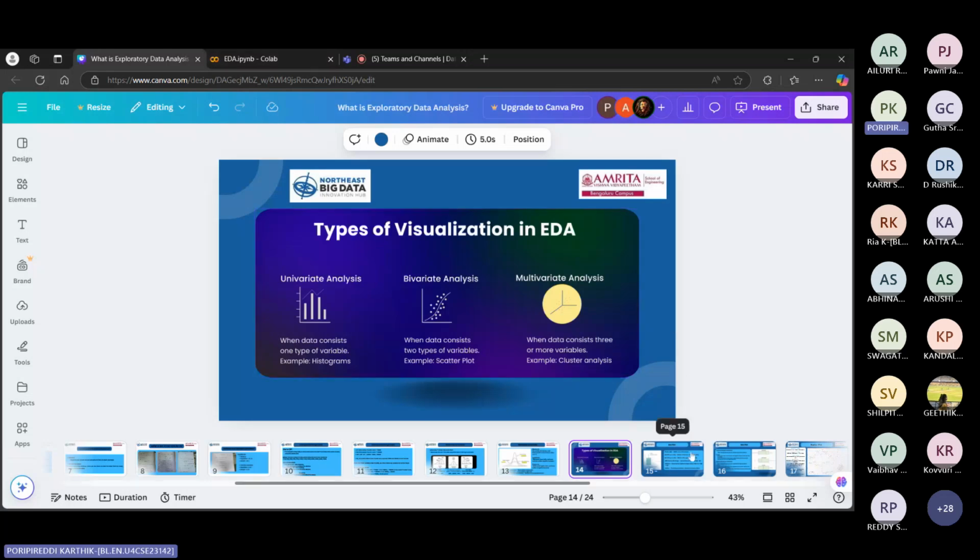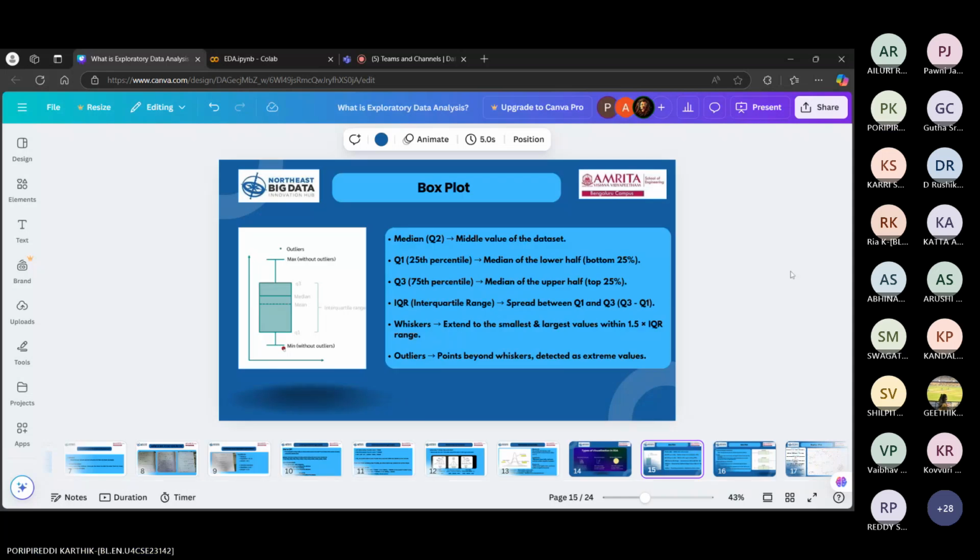Now let's see one of the plots. Now let's see the box plot, or box and whiskers plot. Before, as we discussed, we know how to find the IQR, interquartile range. It helps us here because in a box plot, we can see the visual representation of IQR, where Q1 is near the min and Q3 is near the max.